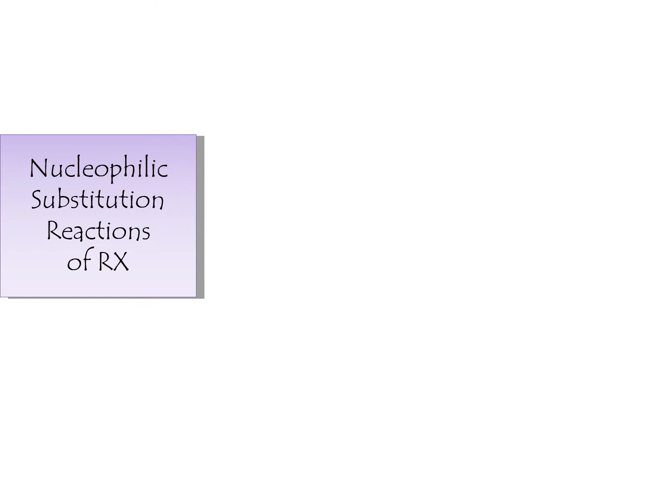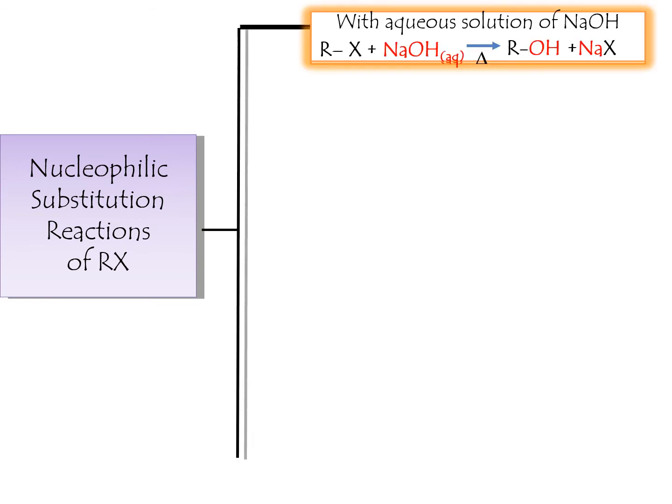There are 7 different nucleophiles involved in the nucleophilic substitution reaction of haloalkane. The first reaction is the reaction of haloalkanes with aqueous solution of sodium hydroxide under reflux that will produce an alcohol. The nucleophile is OH-.